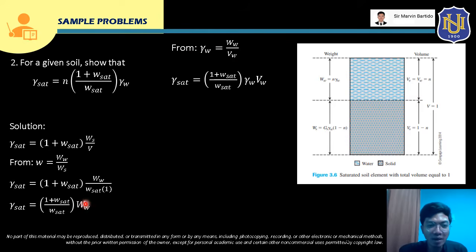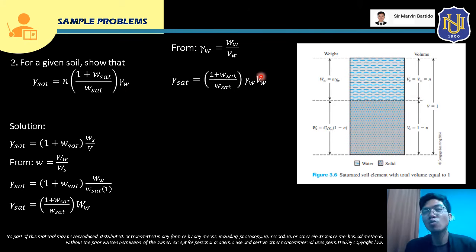Okay, so pwede nating palitan ito ng gamma water times volume ng water. Cross multiply. So, ito na yung weight ng water natin. So, from here, ang meron na lang tayo is yung n. Okay na tong gamma water.